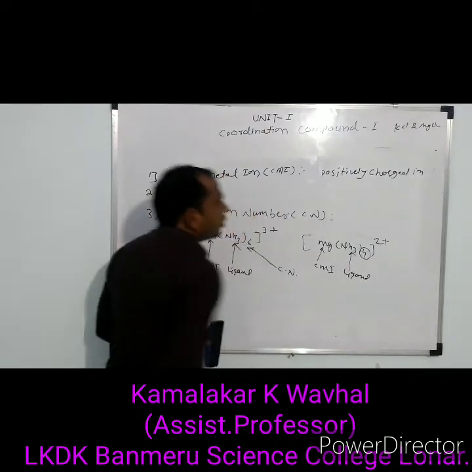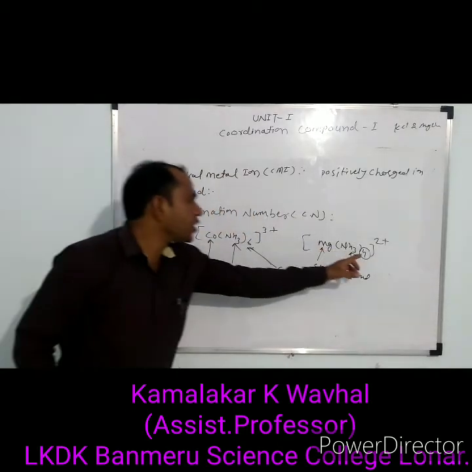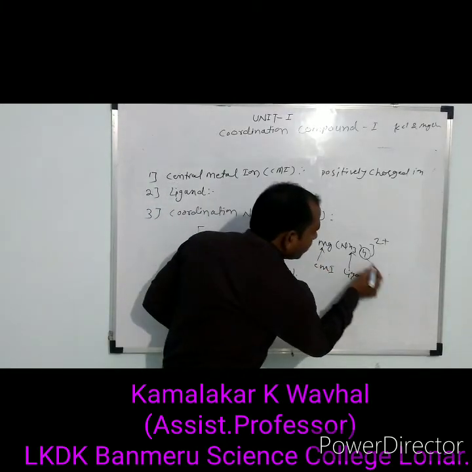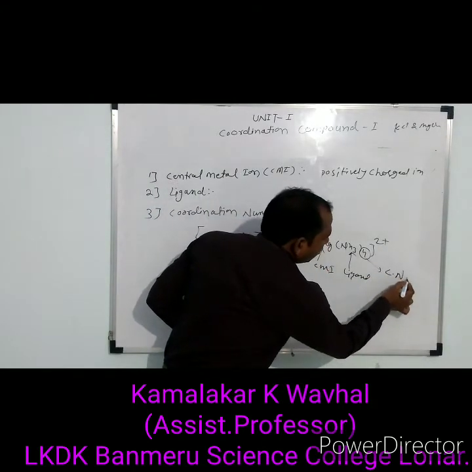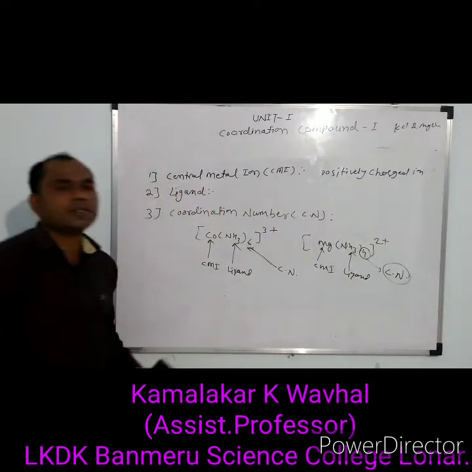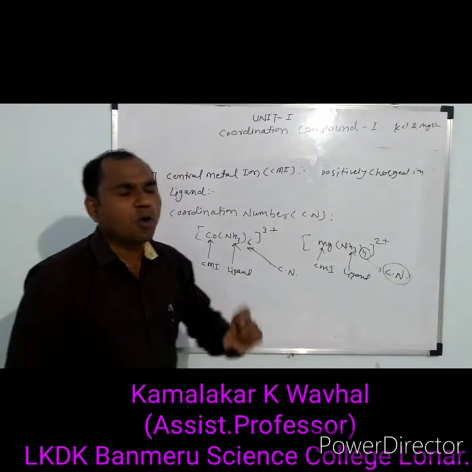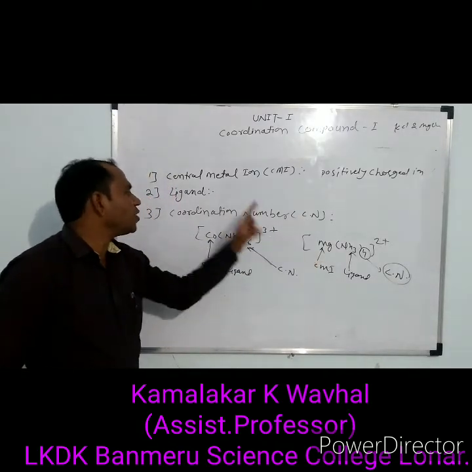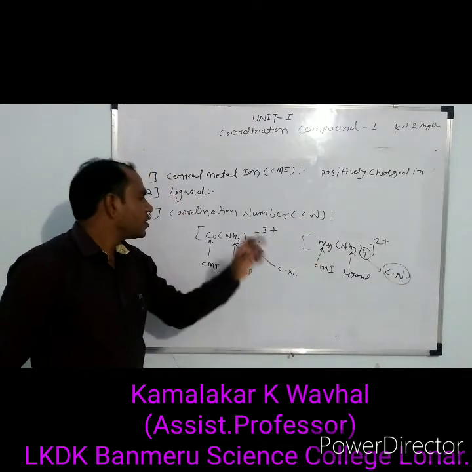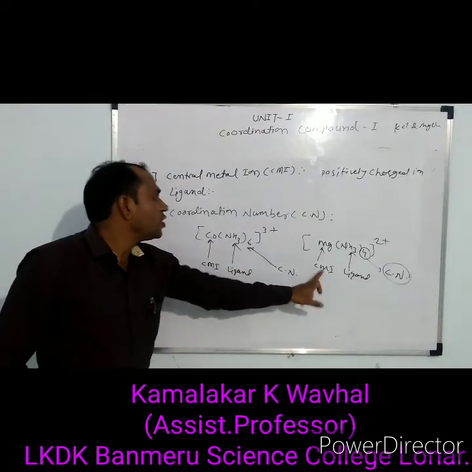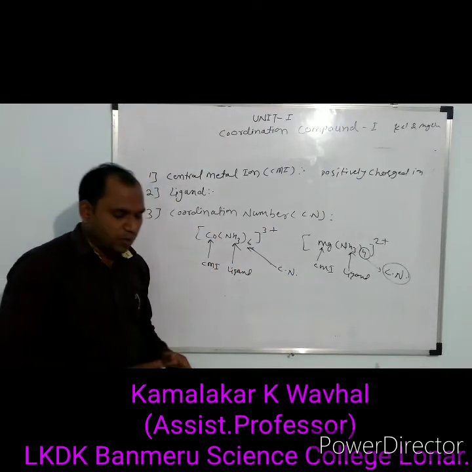These four ammonia groups are attached to the Mg, the central metal atom. This number 4 is called the coordination number. It means the total number of coordinate bonds that can be formed by the central metal atom is called the coordination number.